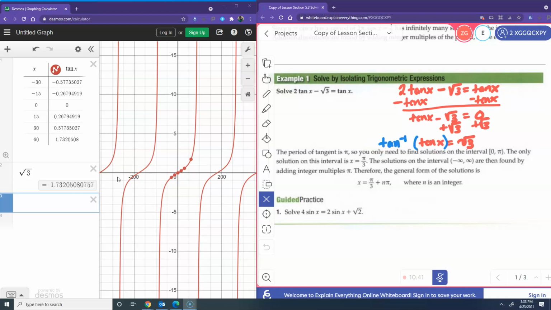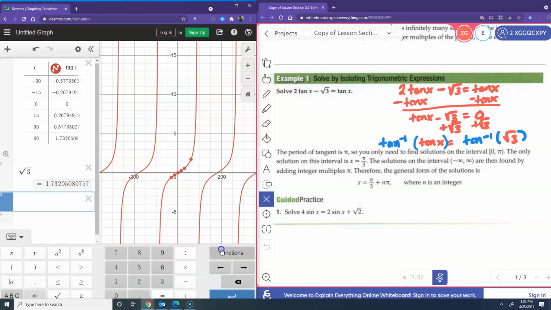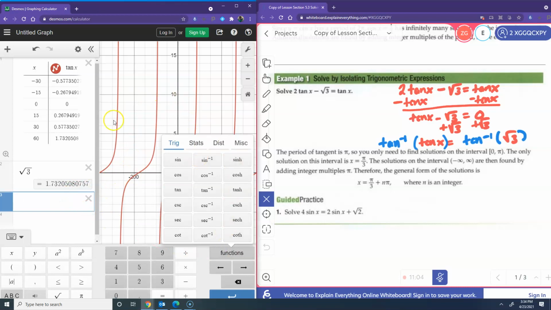Let me erase this real quick. What I'm going to do is find the inverse tangent of the square root of 3. If I come over here to my functions, remember I'm using degrees, so make sure you're in degrees.